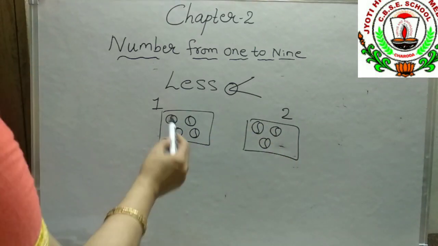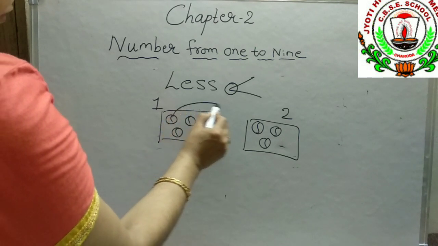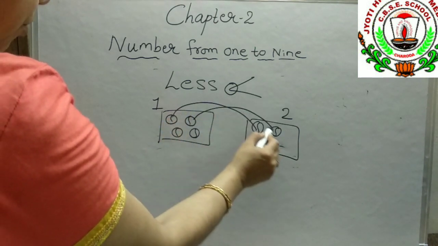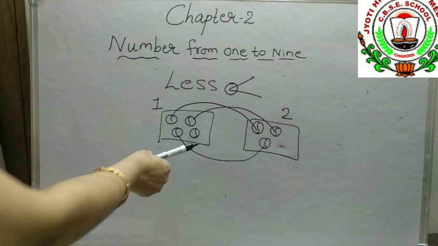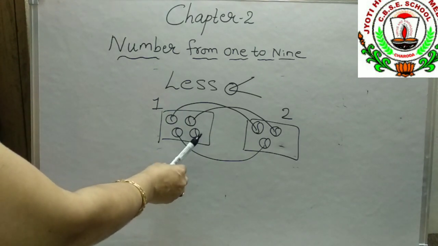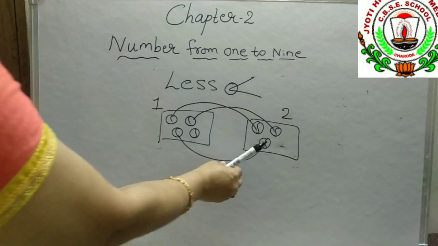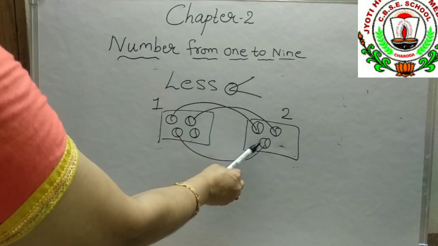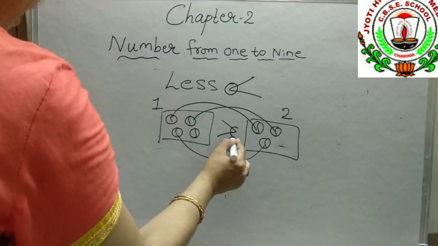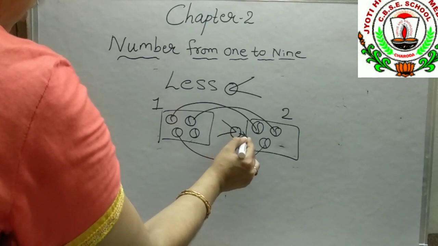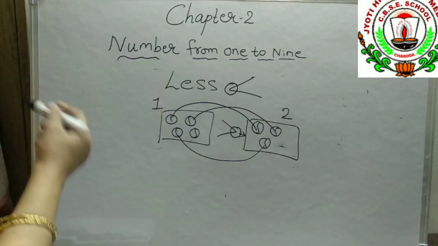In the first box we will compare with the second box. One ball, two balls and three balls. In which box is the ball remaining? The ball is remaining in the first box. So box 2 has less number of balls. So we will put the sign like this. The back part should be toward the box which has less number of balls.